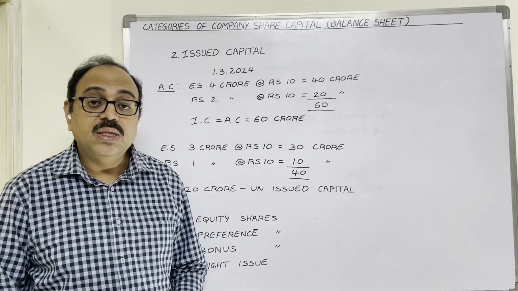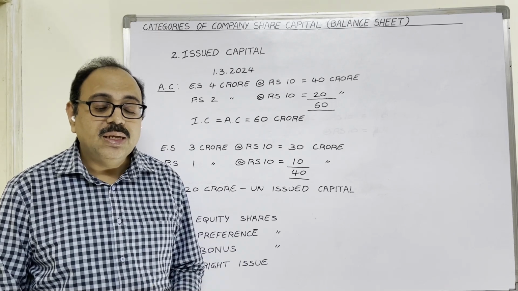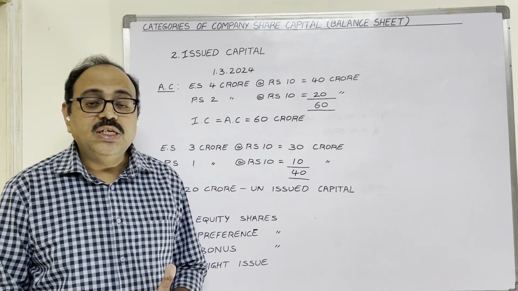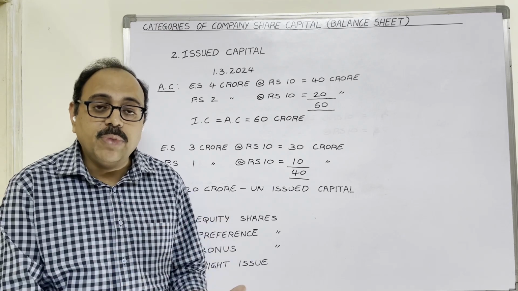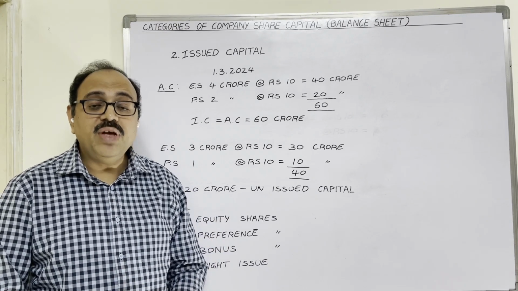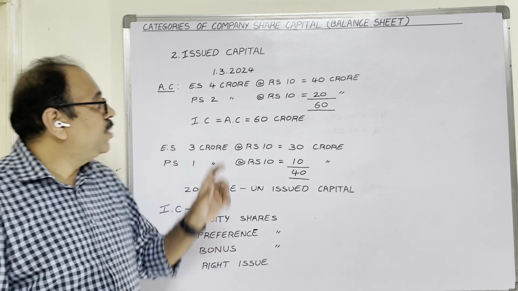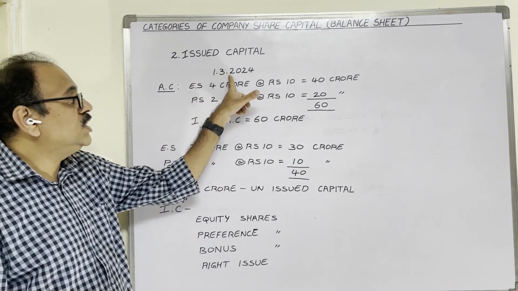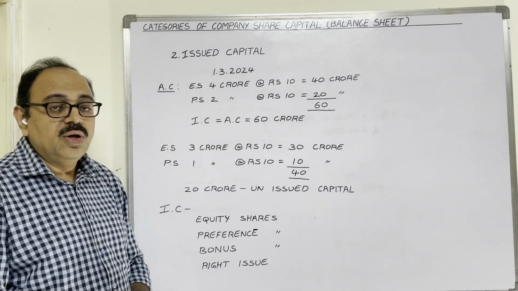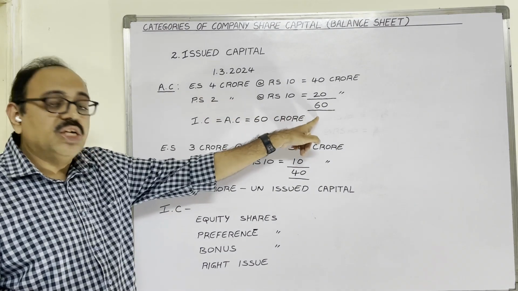Issued capital refers to the nominal value of that part of the authorized capital which has been offered to the public. Thus, issued capital means the share capital amount which is issued by the company to the public for subscription. In our previous example, XYZ company is incorporated on 1st March 2024 with an authorized capital of 60 crore.